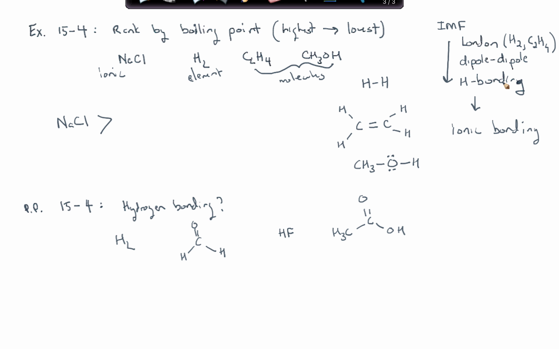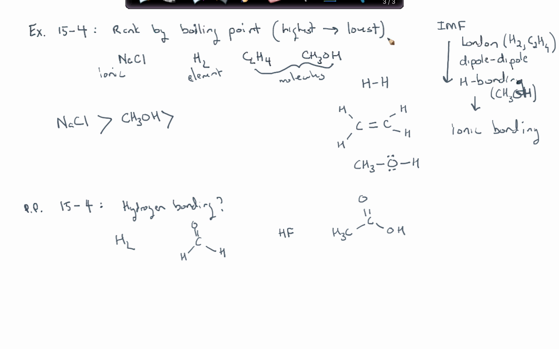So methanol will hydrogen bond. So we can put methanol, CH3OH, on the list for hydrogen bonding. We can see right away that methanol has a stronger intermolecular force than either hydrogen or ethene, so the next highest thing on our list is methanol, CH3OH.